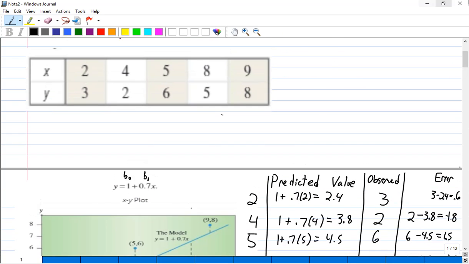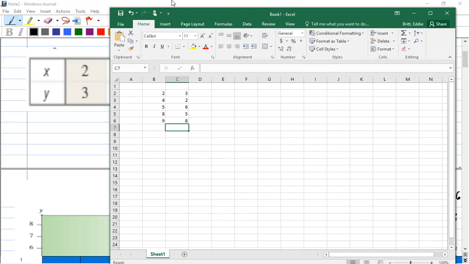I'm just going to need these values, so I'm going to type these values in Excel, and then I'll bring it over and show it to you. 2, 4, 5, 8, 9. Okay, so I typed those values in Excel.